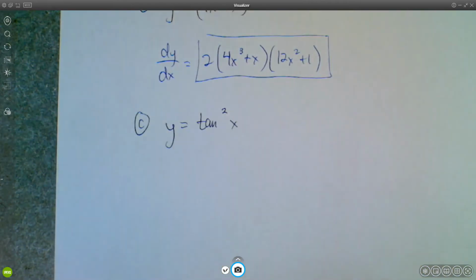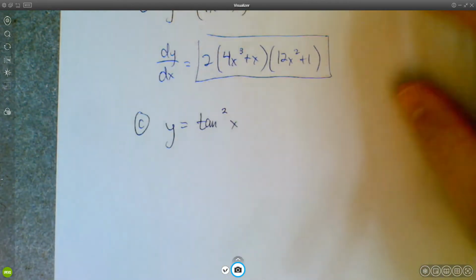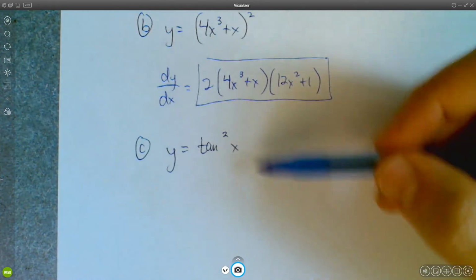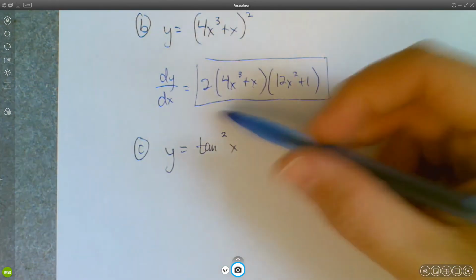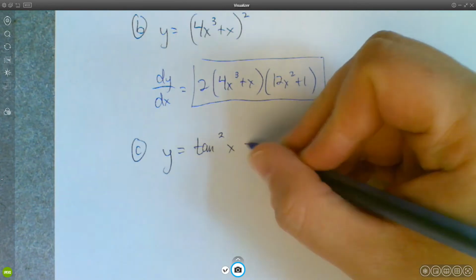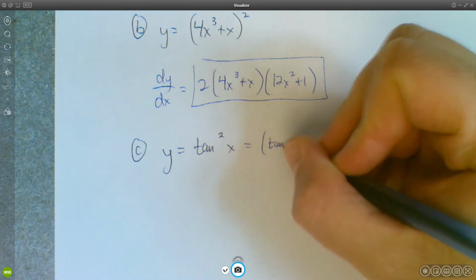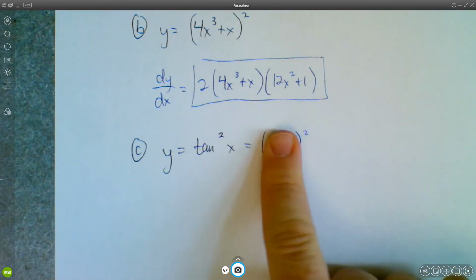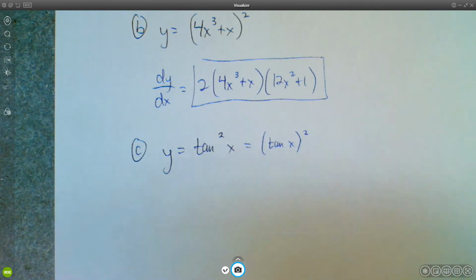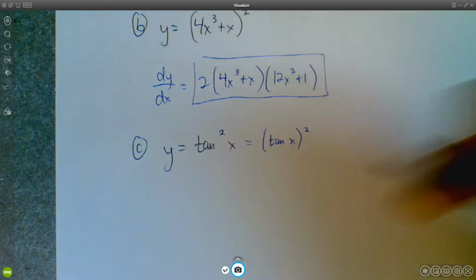Okay, y equals tangent squared x. So same thing, same outer function. This is really similar to the previous part, because the outer function is x squared. In other words, another way to say this is tangent x, squared. So it's just x squared, and then the inner function is tangent x.